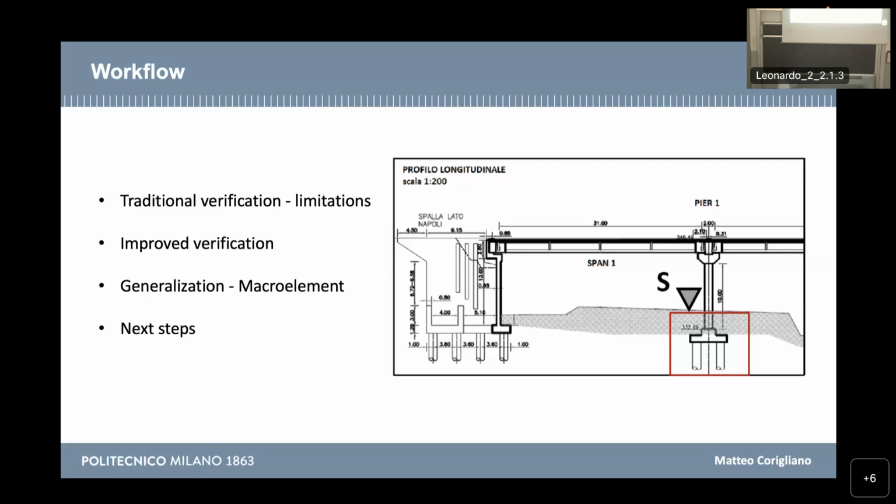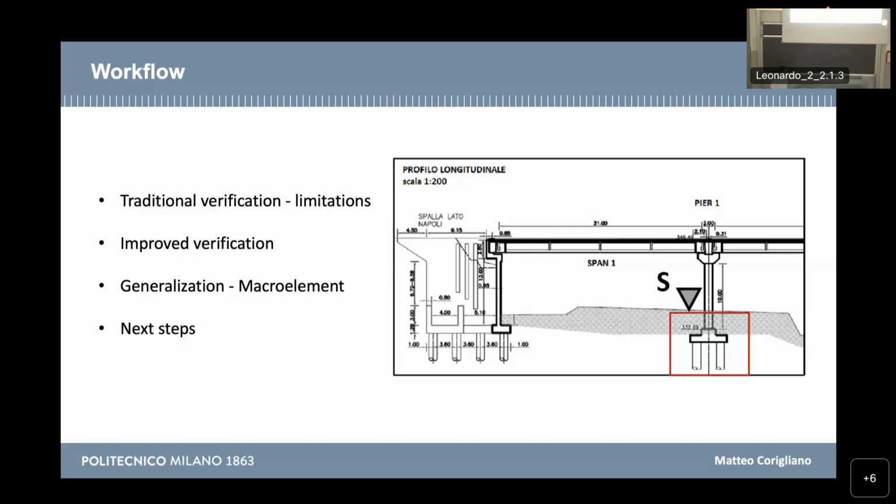So before spending a lot of money, let's try to verify whether the verification approach is totally correct. So I proposed an improved verification with respect to the traditional one that is based on a lot of simplifying assumptions.